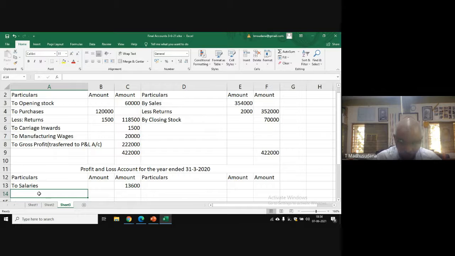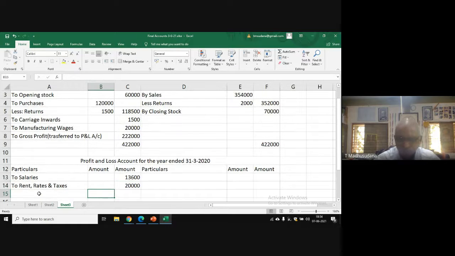Next, to rent, rates and taxes. There is no adjustment for this also, therefore directly you show 20,000. Next, to discount.